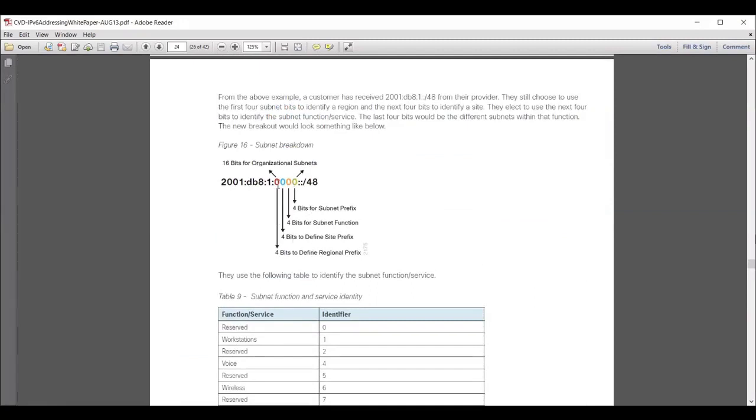You always have to think that this block can be expanded in binary into 4-bit blocks. That 4-bit block represents the region, this 4-bit block represents the site, this 4-bit block represents a particular subnet, and this 4-bit block represents the subnet prefix.